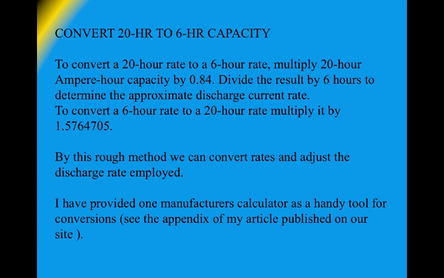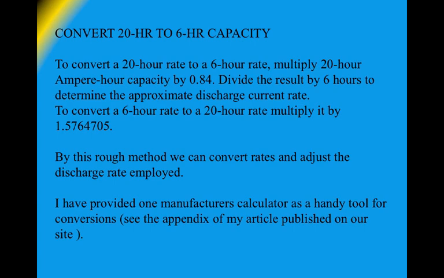So it's going to help to be able to convert the 20-hour rate to the 6-hour rate and back. If we're looking at a manufacturer's spec sheet and they're only giving us the 6-hour rate, we can convert the 6-hour rate to a 20-hour rate by multiplying it by 1.5764705.